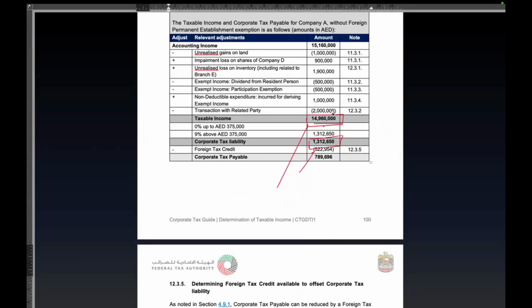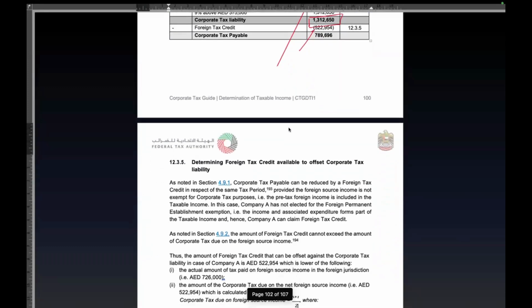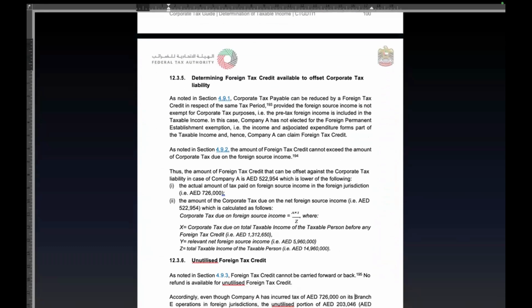So foreign taxable income is 5960, not 5260: 5960 divided by 14960 total income, multiplied by total tax payable 1312650.